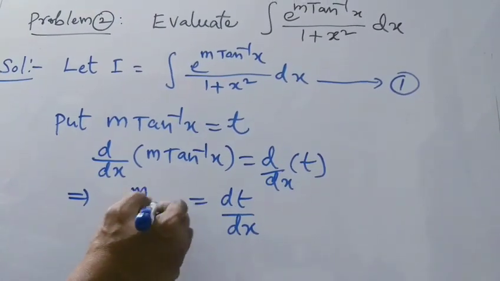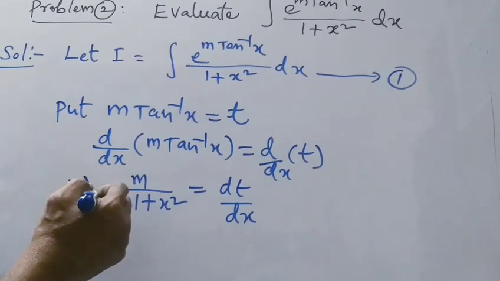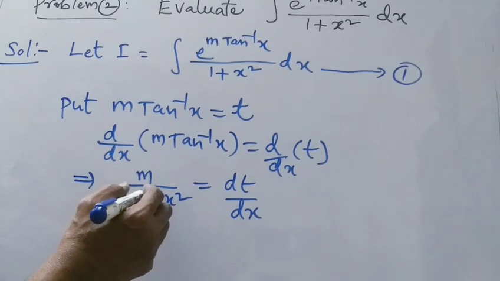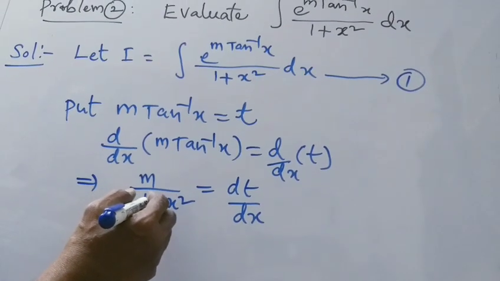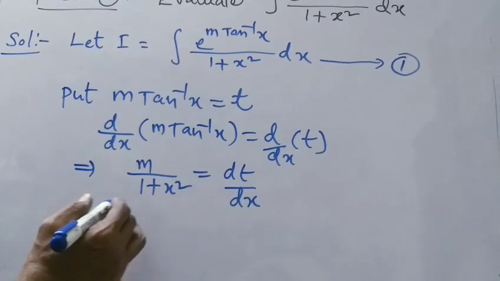Therefore, on cross multiplication and transposing dx to the left hand side, it becomes m by 1 plus x square into dx is equal to dt.